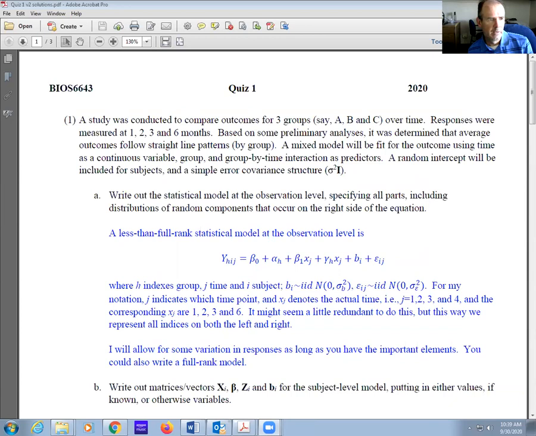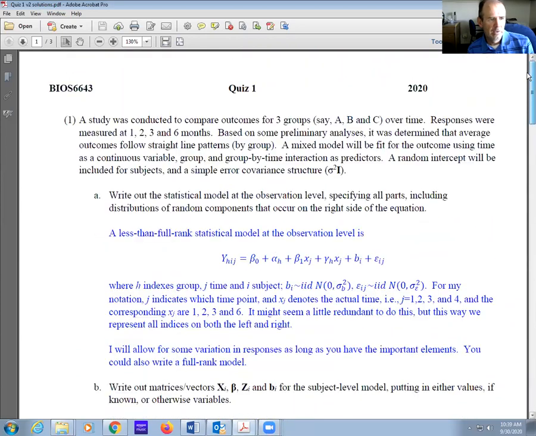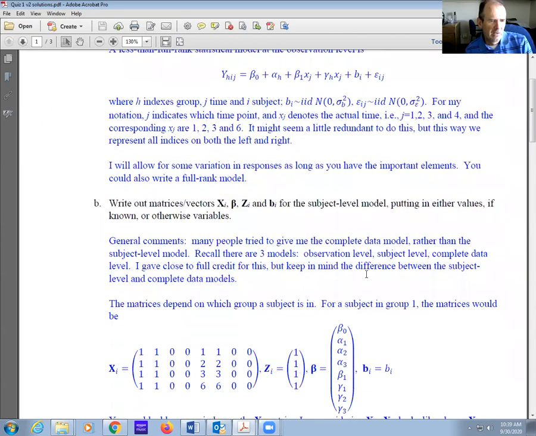For number one, part B, it seemed like a lot of people were giving me the complete data model rather than the subject level model. To get to the complete data model, you have to go through the subject level model. So I didn't take much off for that, but really, there's three levels that we can write the model at.